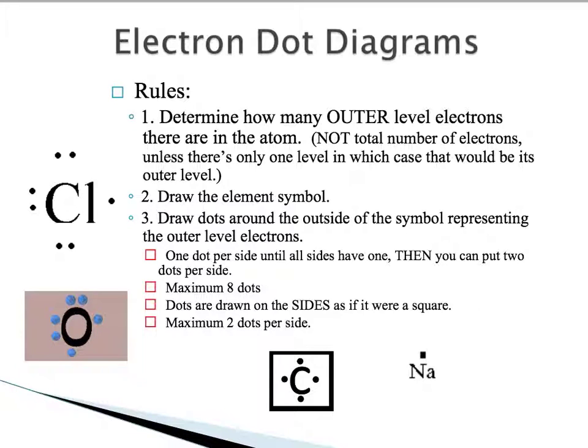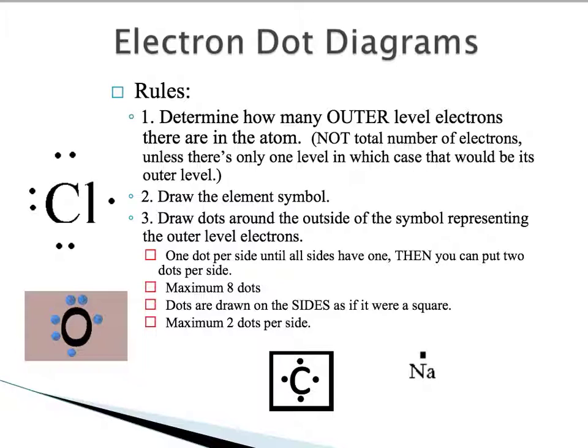To do these diagrams, first find the outer level electrons. Okay? And then after you find out the outer level electrons, you draw the element symbol. And then you draw dots around the symbol. Now there's a specific way you're supposed to draw the dots. Okay? 1 dot per side. Alright?